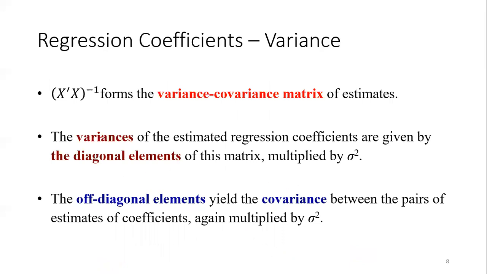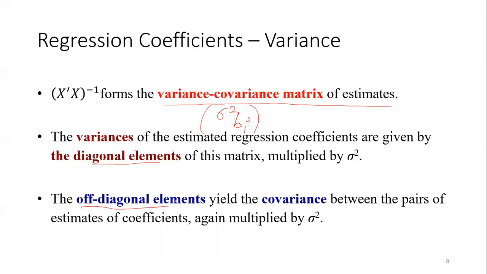So this X transpose X inverse is a special matrix. It forms the variance-covariance matrix of the estimates, that is, the variances of the estimated regression coefficients, the Bi's. The sigma squares of the Bi's are given by the diagonal elements of this matrix multiplied by sigma square.